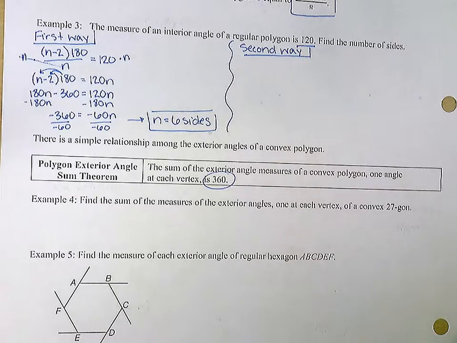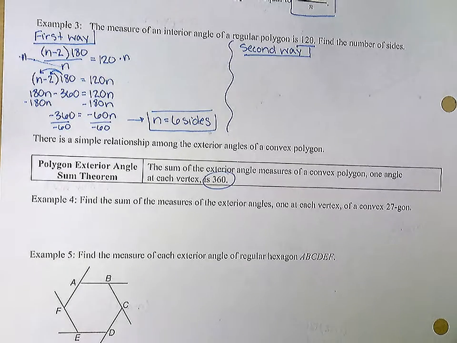There is no formula to find the sum of your exterior angles. For any sized polygon, it is always 360 degrees. It doesn't go above that, even if it says it has 900 sides. Okay? Your sum of your exterior angles is always 360 degrees.